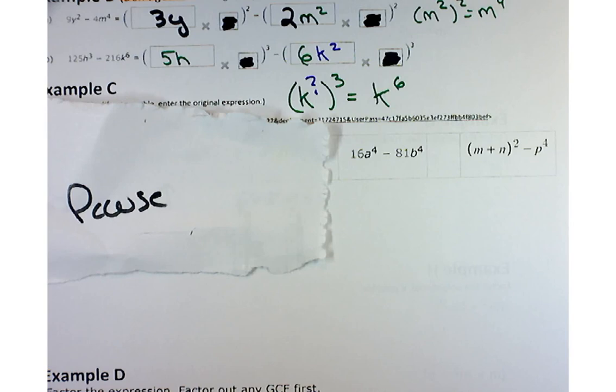Oh, I see. Yeah, so we gotta keep it. 2 points out of 4. Okay, it's 2 points out of 4.